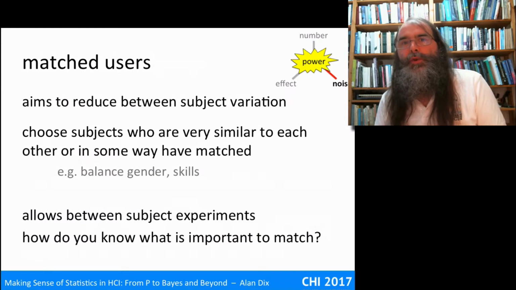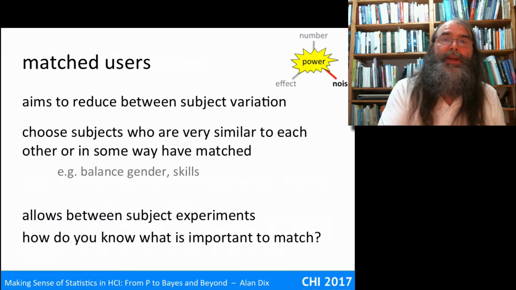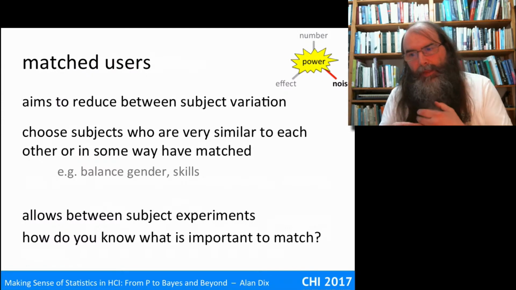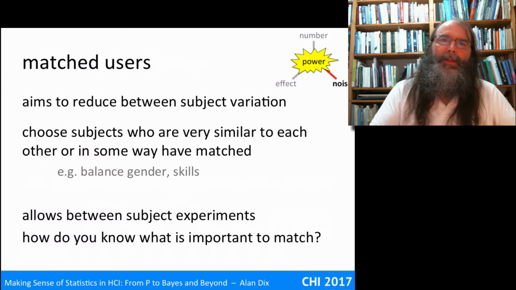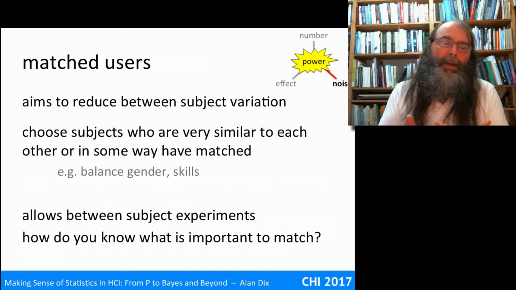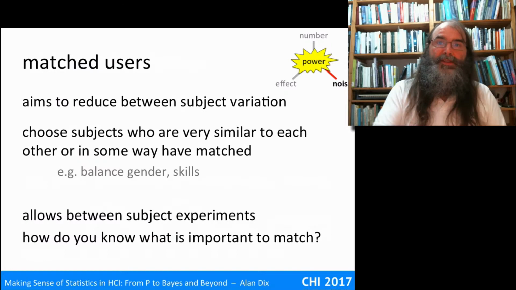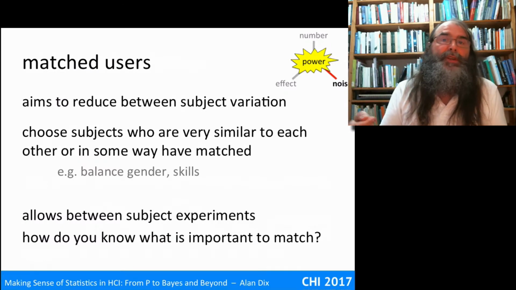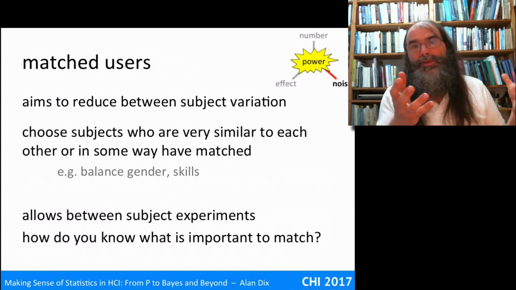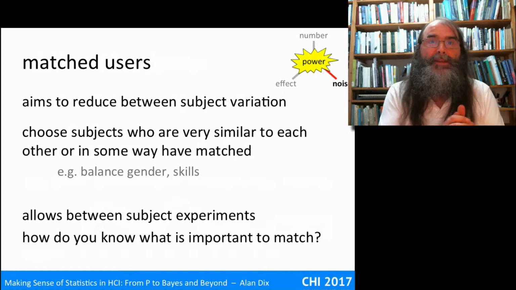Another thing you can do is to accept that subjects are different, but to try and match them as much as possible. This is particularly true if you feel that the differences are due to something that you can measure. For example, in educational experiments, you'll often take a class full of children, you'll order them by some sort of pre-test or perhaps just how good they are at some subject or some kind of problem based on previous teaching or previous examinations or experiments.